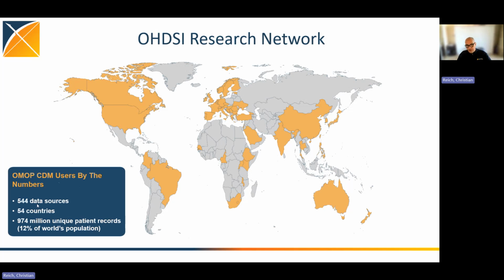So 544 data sources officially admit they are doing OMOP and doing research in OMOP, and they are potentially contributing to community studies and community evidence generation. Some of them do more, some of them do less. It's open. There's nobody in the middle who decides everything and is a big boss and approves everything. Okay.